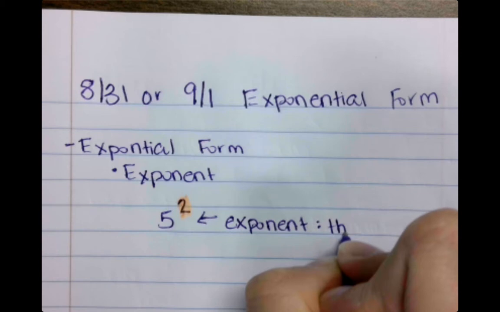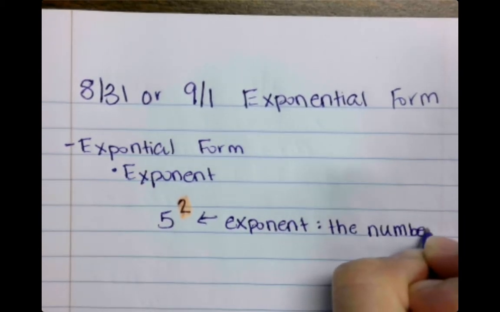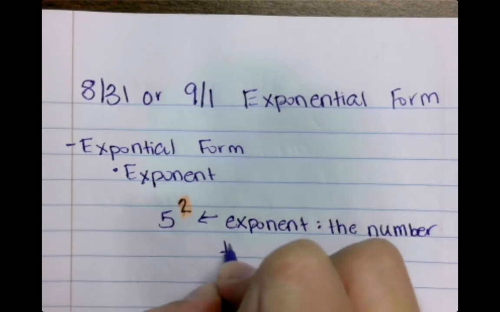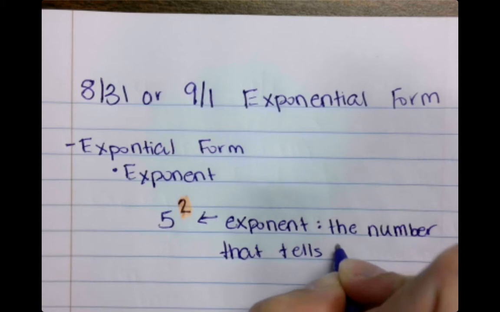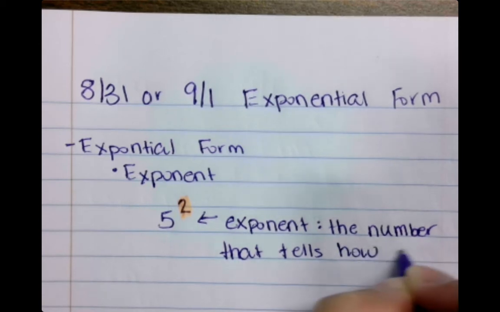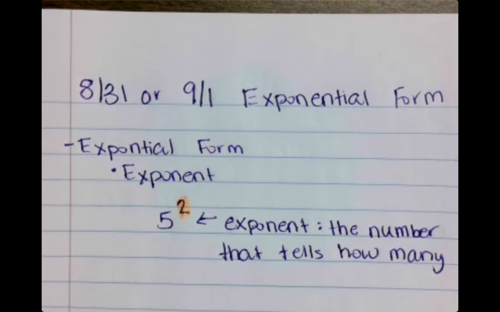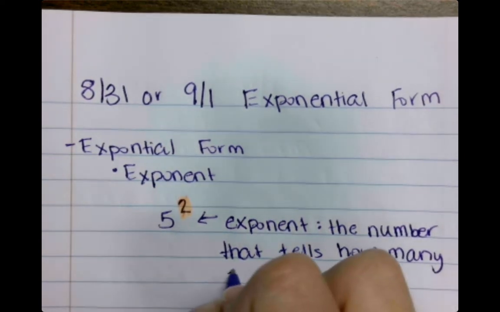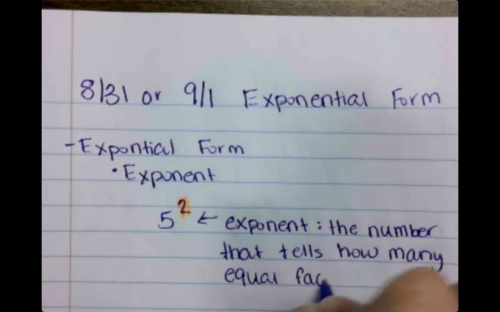It is going to be the number that tells how many equal factors there are.